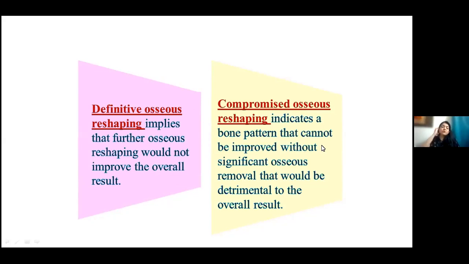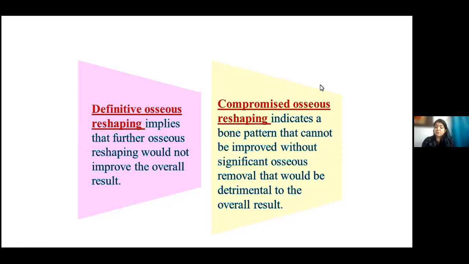Subtractive is when we are reshaping the bone to a lower level than it is already present, just to make it maintainable for the patient, right? So that is subtractive. And even in that, there is a definitive or a compromised reshaping.